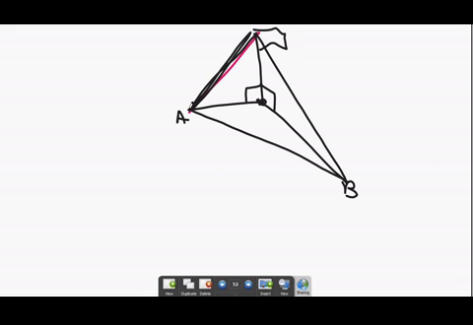Then this is going to be maybe 60 degrees like that, and this is going to be K. I've decided to use K there, and this is going to be alpha. This one's going to be alpha, and now they didn't give you that this is going to be 30.